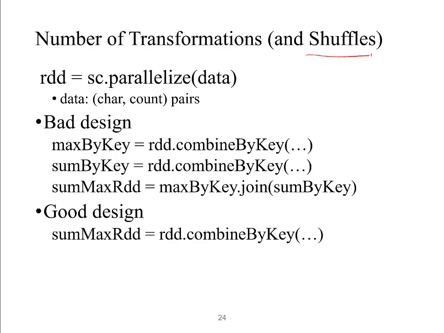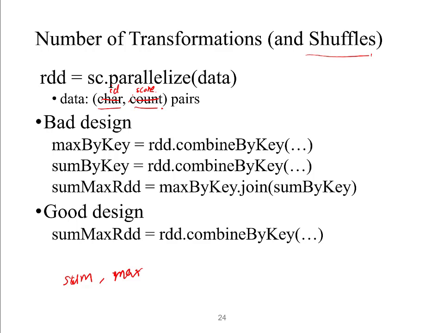So assume that we want to have both the sum and the max value of a given key, and the data is a set of ID and score pairs.